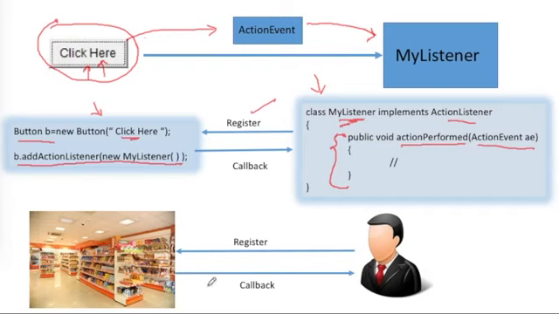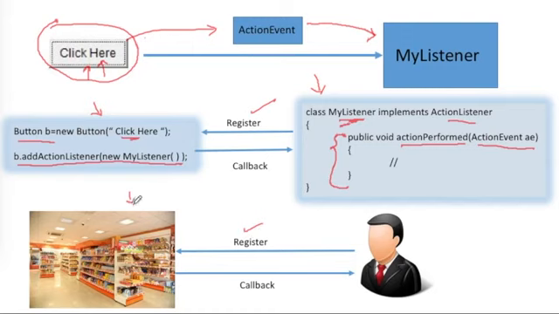Similarly, here is an example. In my previous video, I gave this example of a store or a shop which may organize some event, like a sale, offer sale or discount sale. If there is some event, they will inform their customers. To whom do they inform? The customers who are already registered with this store, meaning they are members, or they are regular customers, and they have given their phone number and details to the store people.